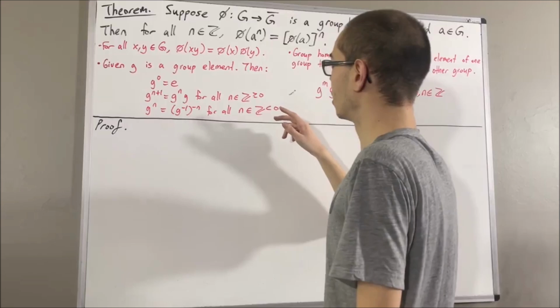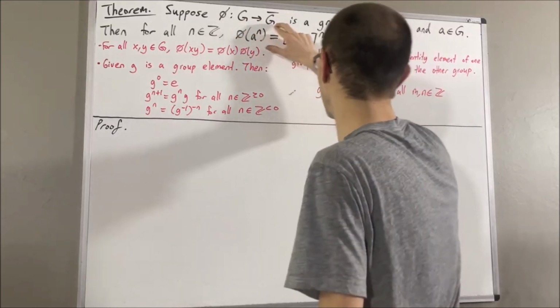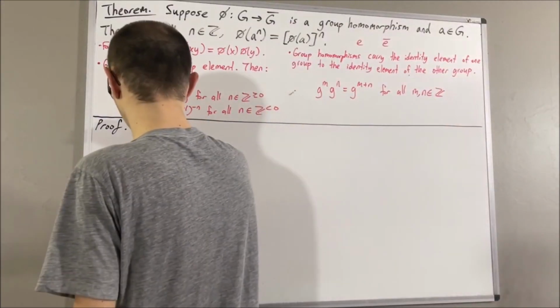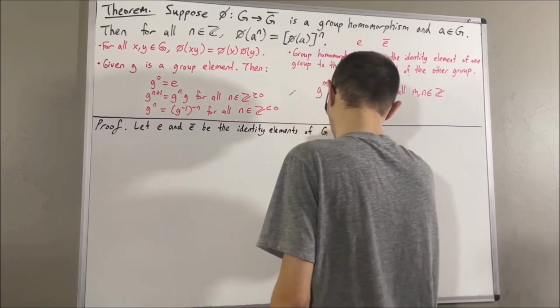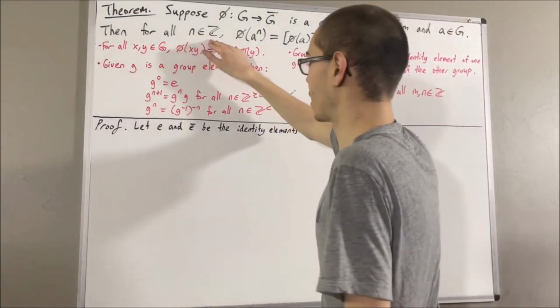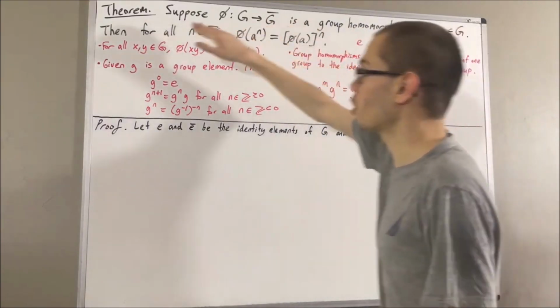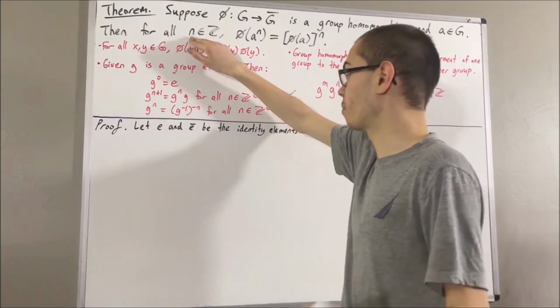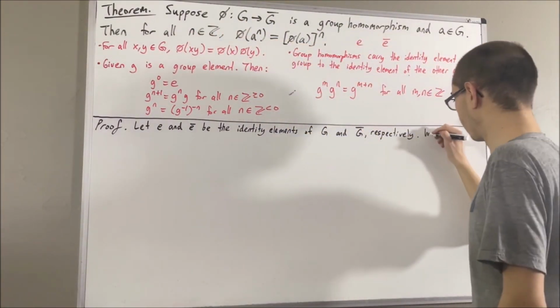First, let's say that the identity element of G is e and the identity element of G bar is e bar. We're trying to prove that for all integers n, this equality is true. We're first going to prove that for all integers n greater than or equal to 0, this equality is true, and we're going to prove that using induction.